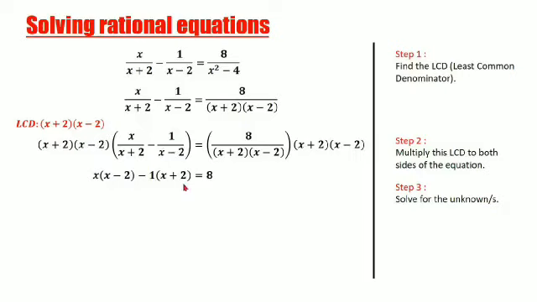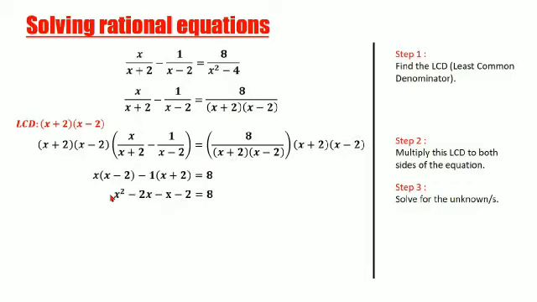So 1 times x plus 2. On the other side of this equation, we can see that these denominators here and this LCD can be eliminated, leaving only 8 in this side.